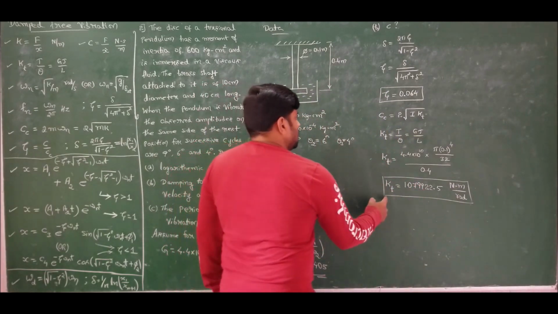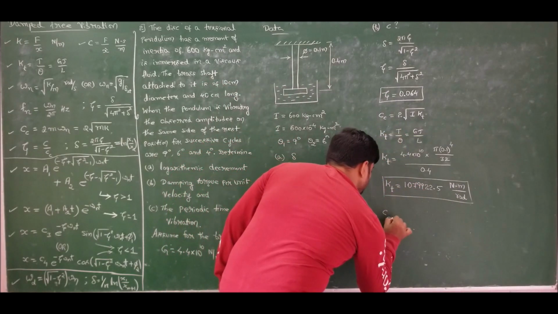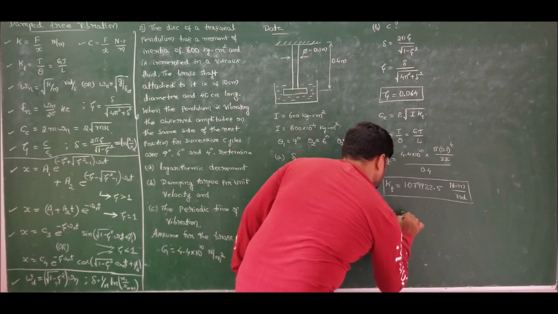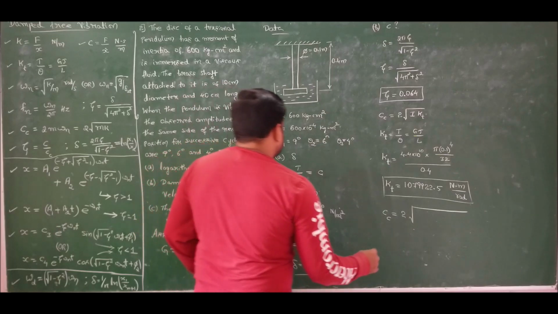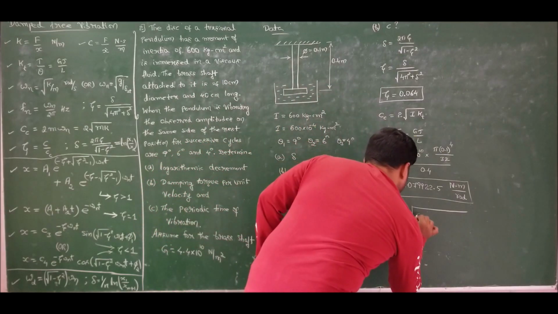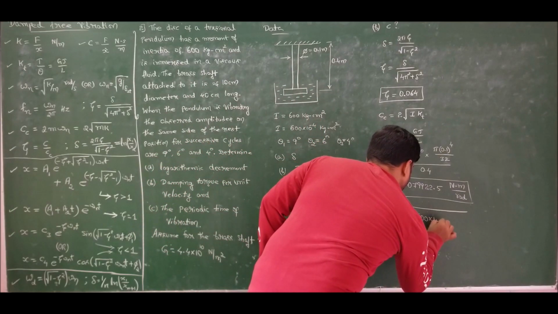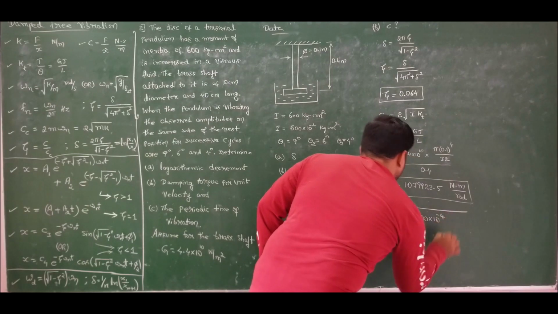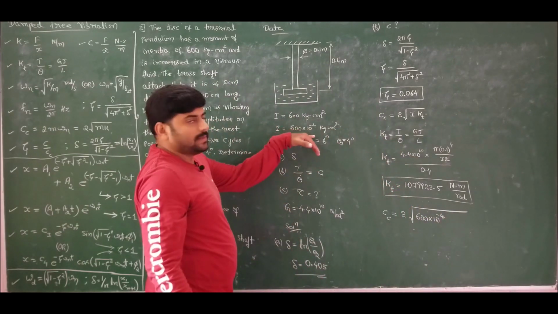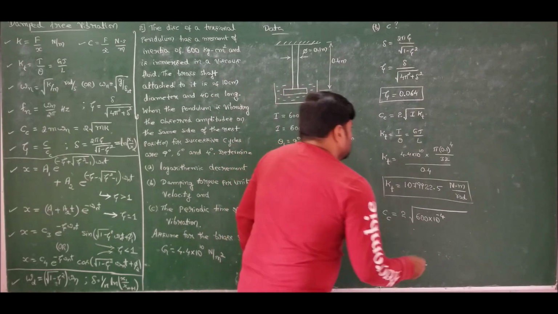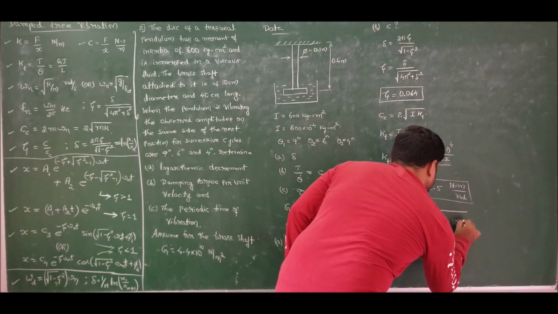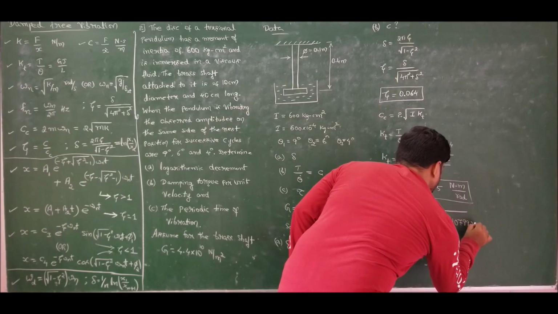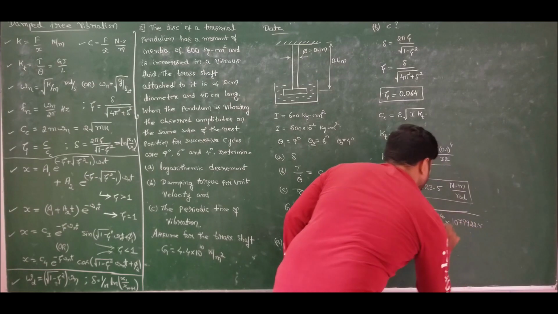Now use in Cc, so hence you will get the value of critical damping coefficient as 2 times root of I. Moment of inertia is turning out to be 600 into 10 to the power of minus 4. Be careful, it should be in kg meter square, into kt. kt is 1079922.5.